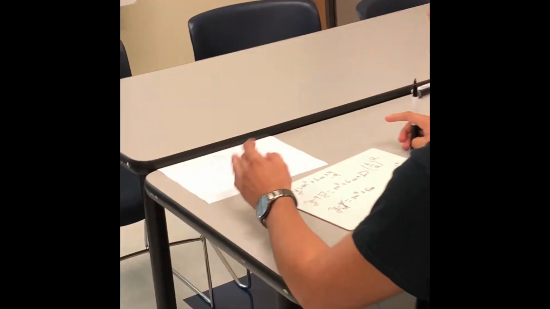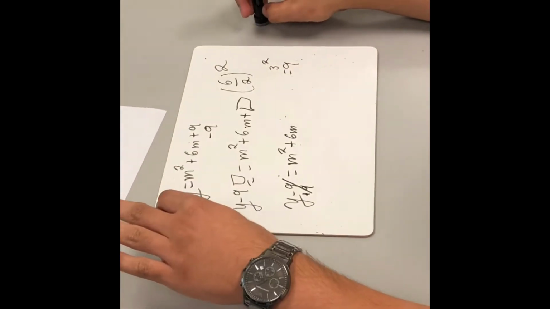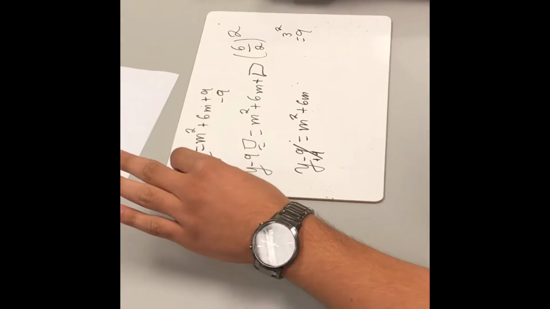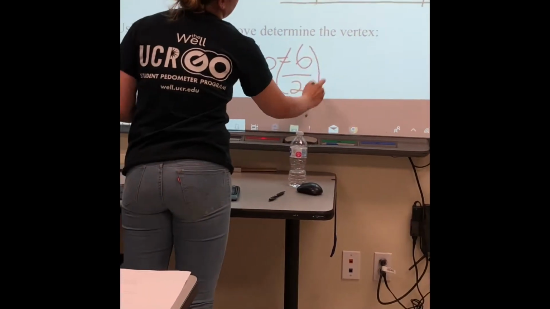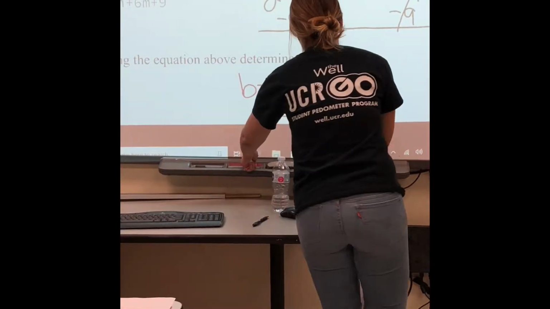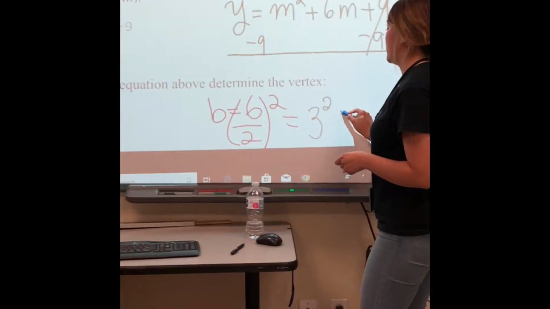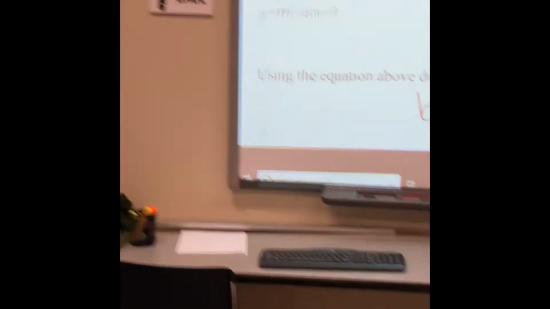It's B divided by 2 and all of that squared. In this case, it'll be 6 divided by 2, and then you square it. So 6 divided by 2 is 3, and then 3 squared is 9. So what's the number that goes inside the box? 9.